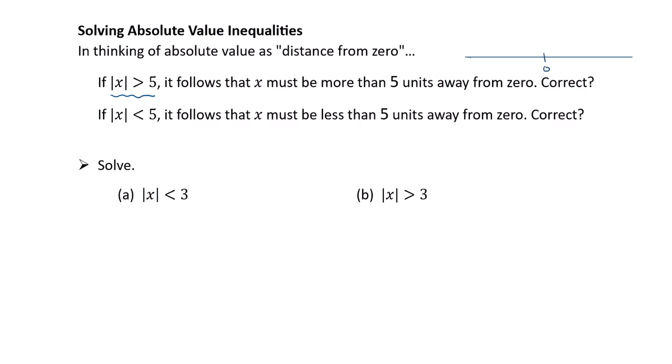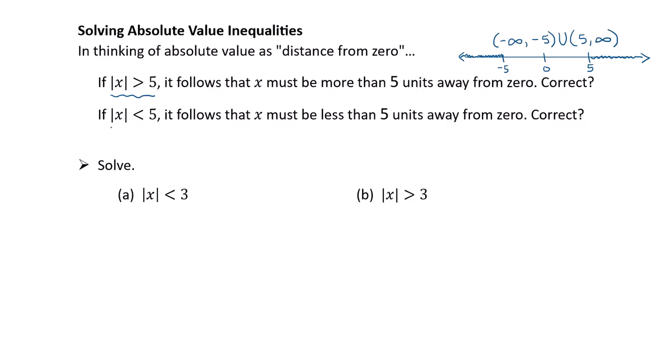Here is 0, here is 5, and these numbers are more than 5 units away from 0, so they're included in our solution set. But we also have over here -5. The numbers to the left of -5 are also more than 5 units away from 0. So we end up with a solution set of negative infinity to -5 union 5 to positive infinity.